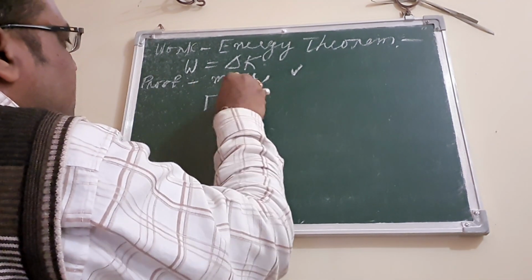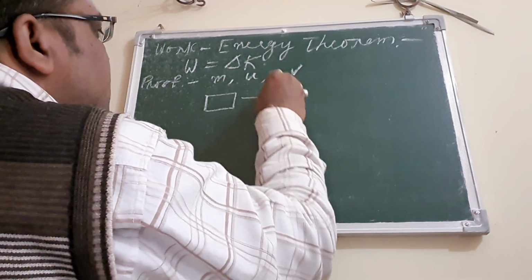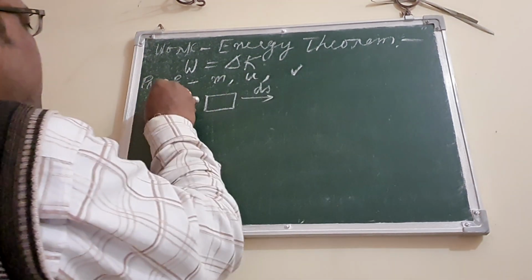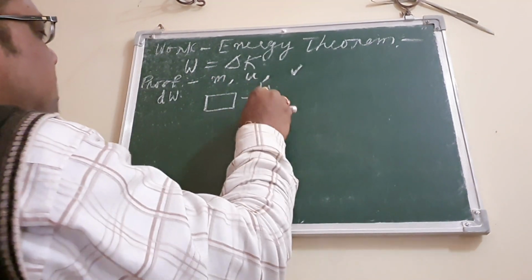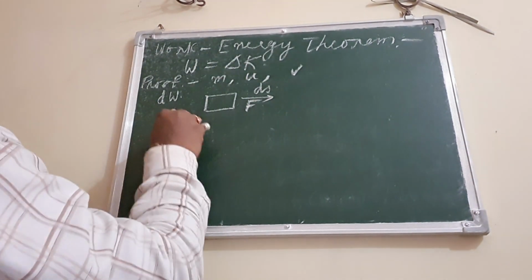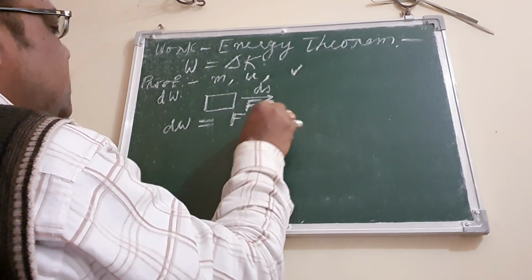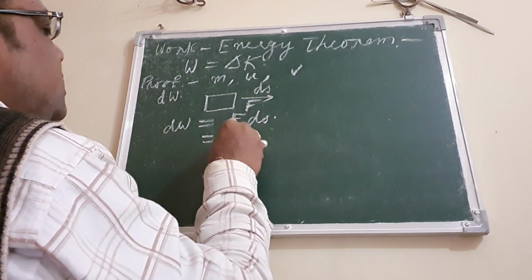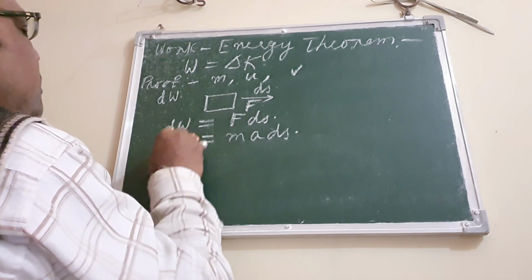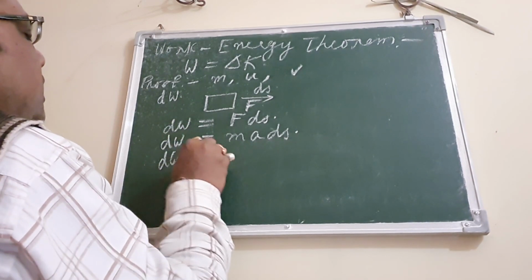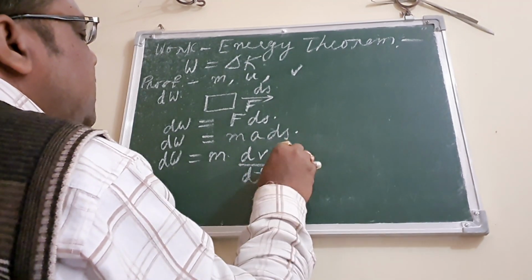So there is a body of mass m, and it is moving a small displacement ds. The work done will be dw and the force applied is F. So dw is equal to F into ds. F is equal to m into a, so dw is m into dv upon dt into ds.